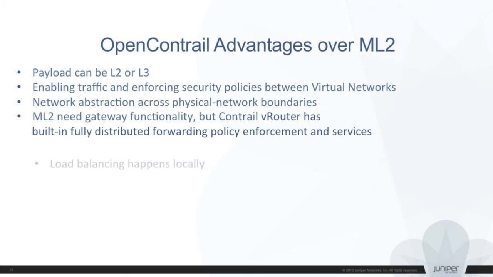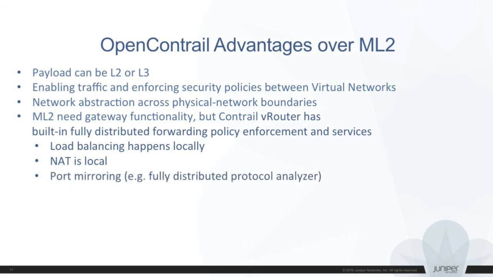Because of that, those who are deep into networking will know, you could do load balancing very easily. NAT becomes local all of a sudden, right? And then port mirroring is there too. That's another thing OpenContrail does.